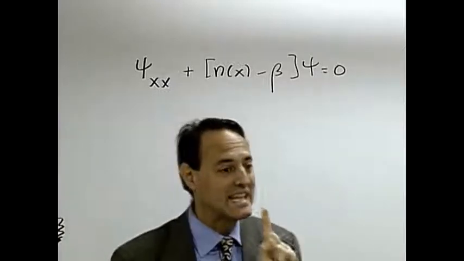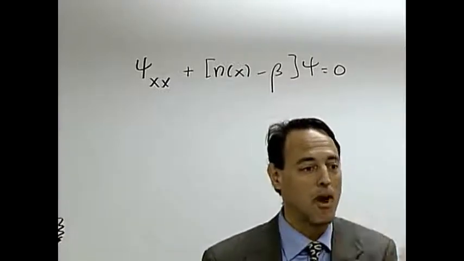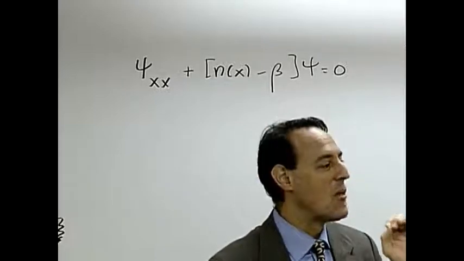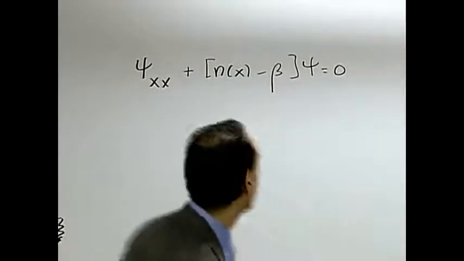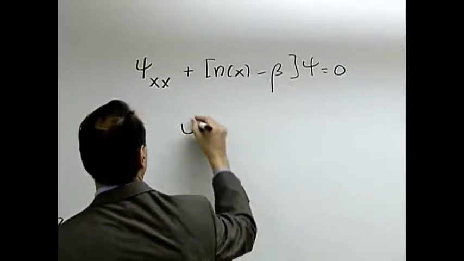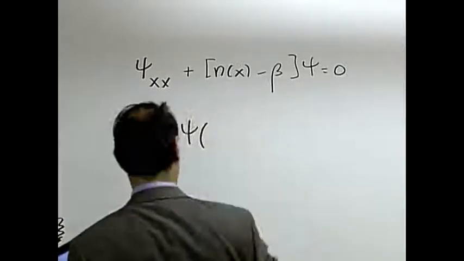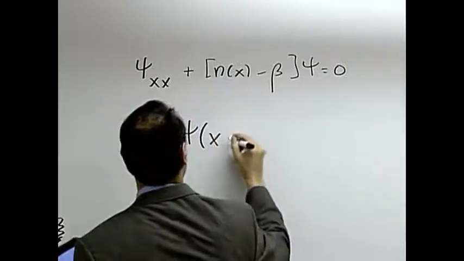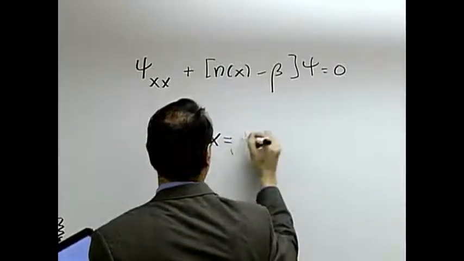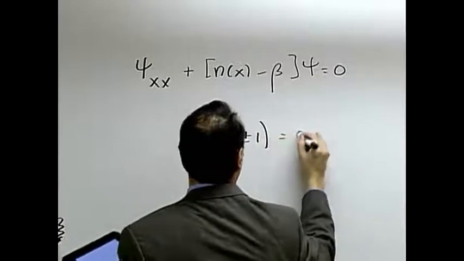Now, notice, today we're doing a different problem. Okay? We are going to actually do this problem. We're going to say, how about we do the following for simplicity? We're going to assume that the boundary conditions at x equals plus or minus 1 are equal to 0.